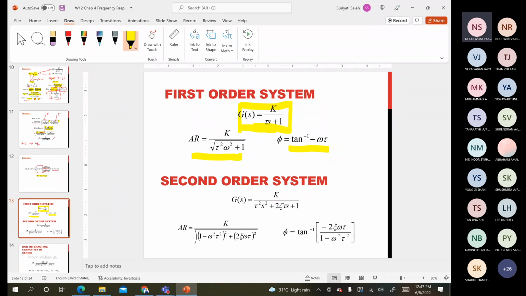You don't need to worry about how to derive it. The derivation I showed you before is just to give you the idea of how you get the following term. And if you have a second order, this is the following form. So we just use whatever it is.